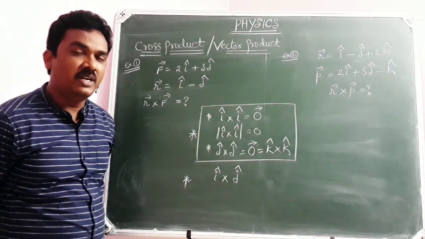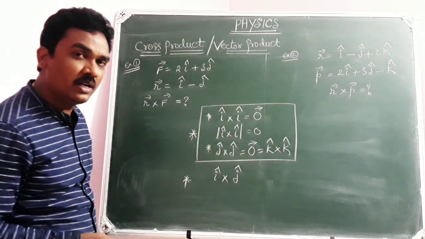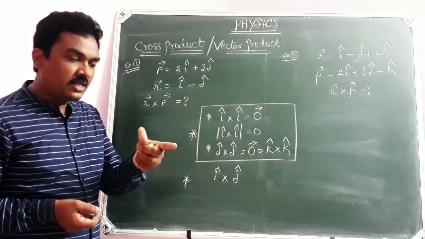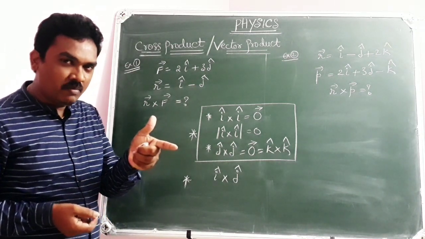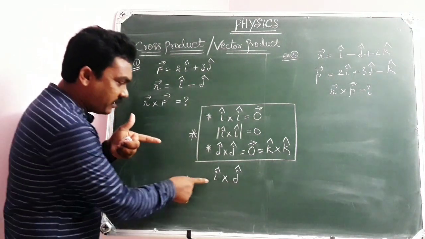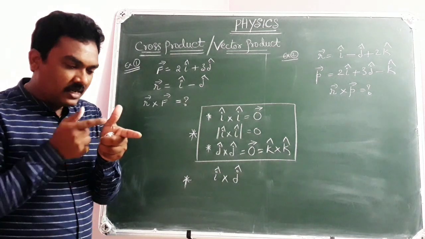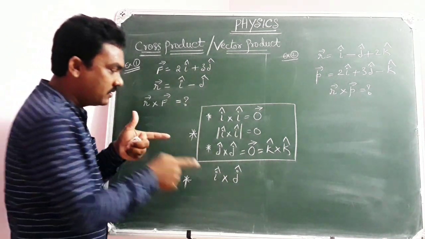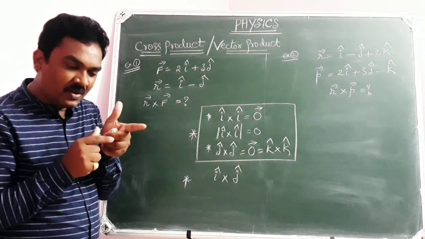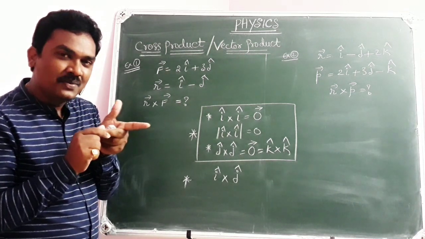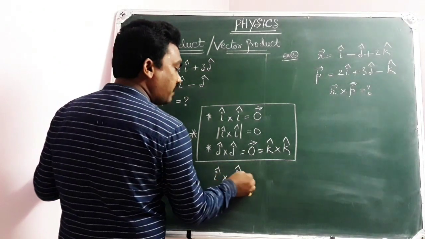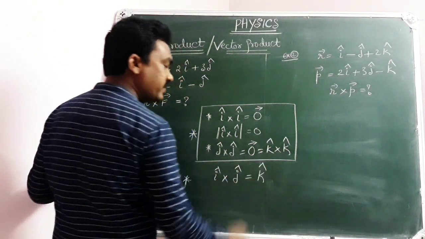I told you earlier, one vector is along the positive x-axis, that is I cap, and the other vector is along the positive y-axis, which is J cap. Then their cross product will be along the z-axis, which is K cap. That's why I cap cross J cap will give K cap.